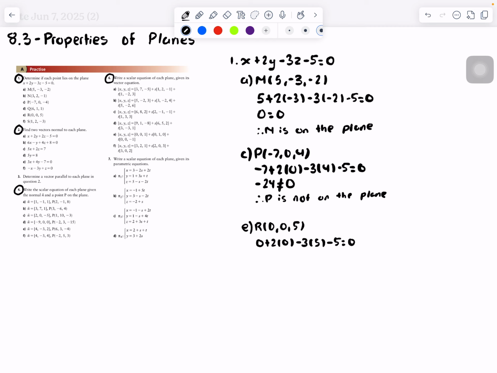So we get negative 20 on the left-hand side, and this clearly does not equal 0. Therefore, it's a false statement. That's why I put the not equals. So therefore, R is not on the plane. So that's the gist of this question. Just plug and check whether your point satisfies the given scalar equation of the plane.